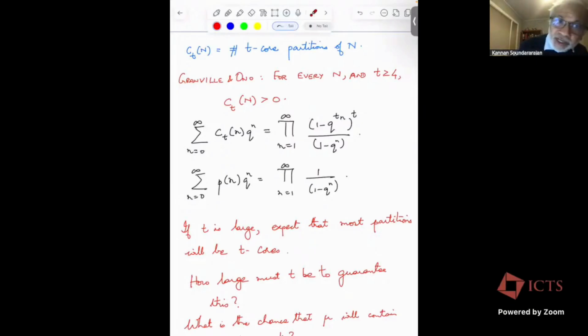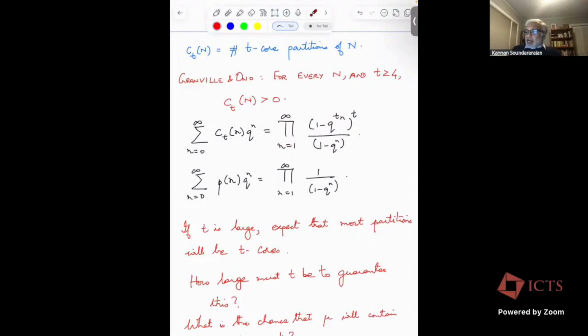There's an old result of Granville and Ono, which says that there are always T-cores for every N of a certain size. As T gets larger and larger for a fixed N, you can imagine that more and more things will become T-cores because you're not likely to have a hook length that's divisible by T as T gets larger and larger.